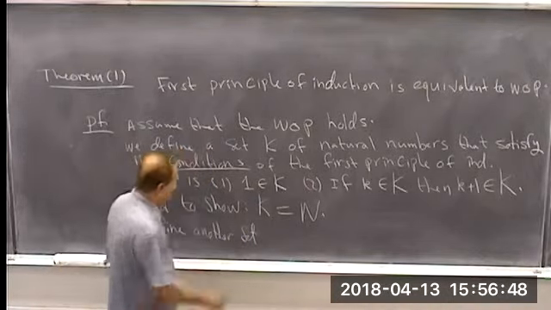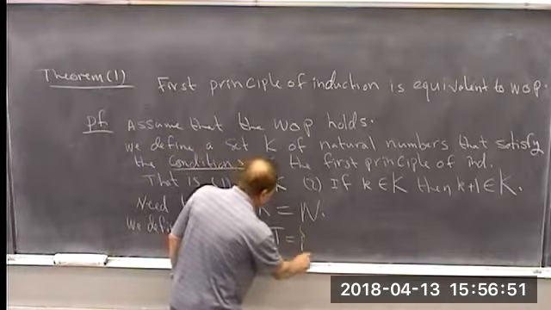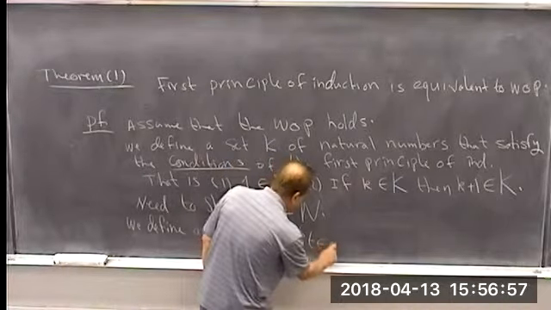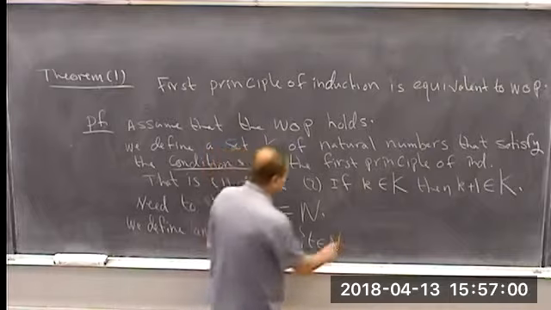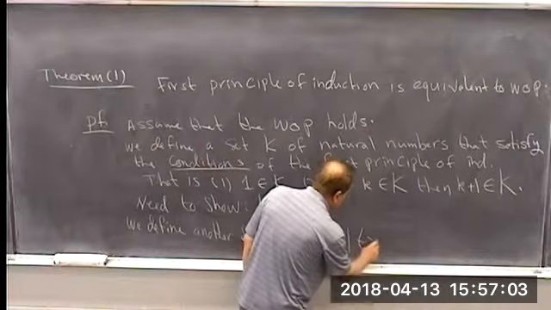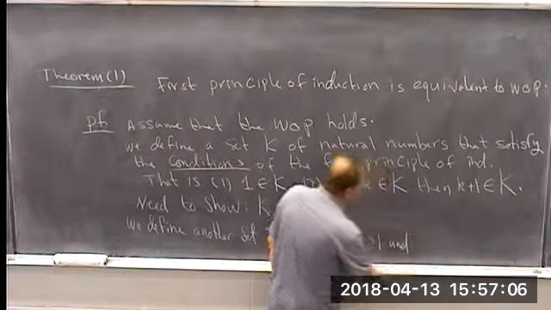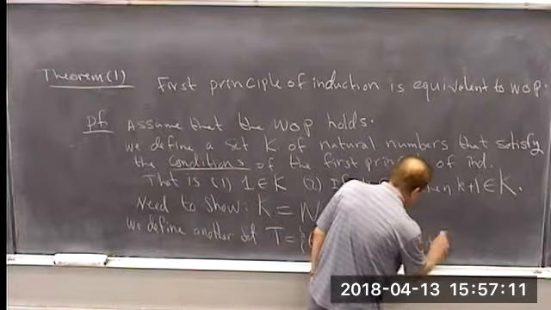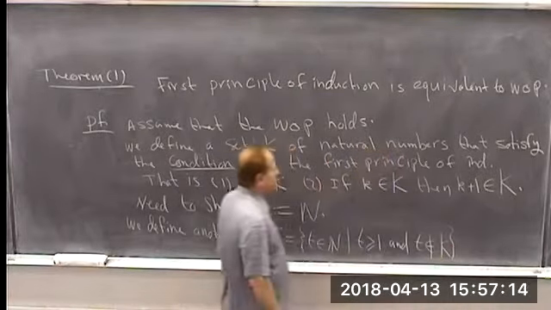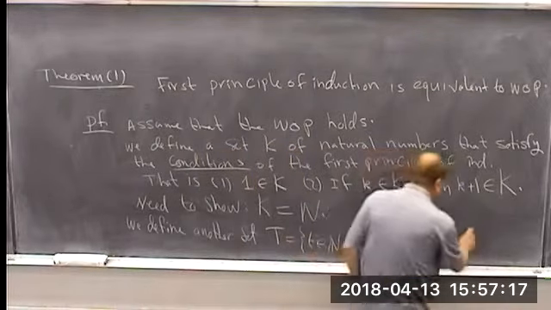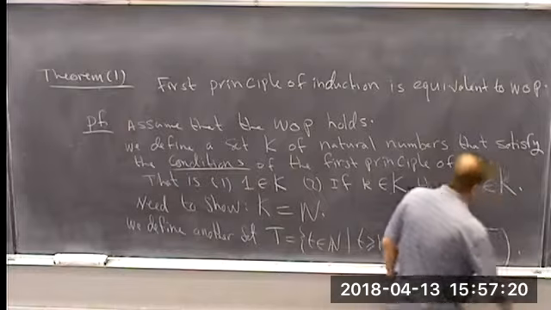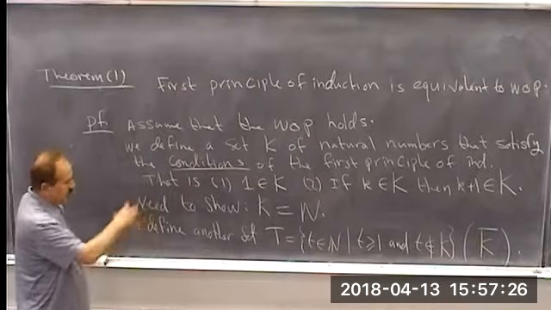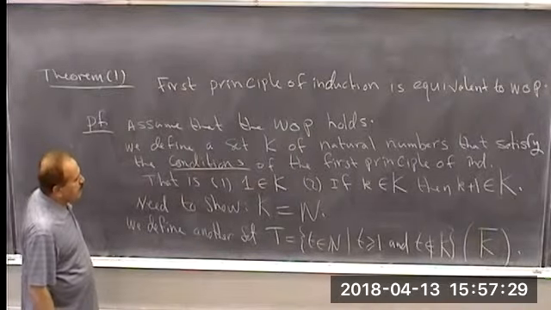We're going to define another set T, which consists of those natural numbers t such that t is bigger than or equal to 1 and t is not in K. So again, this is basically the complement of K using set theory, and the complement is taken, of course, over the natural numbers, the universe.